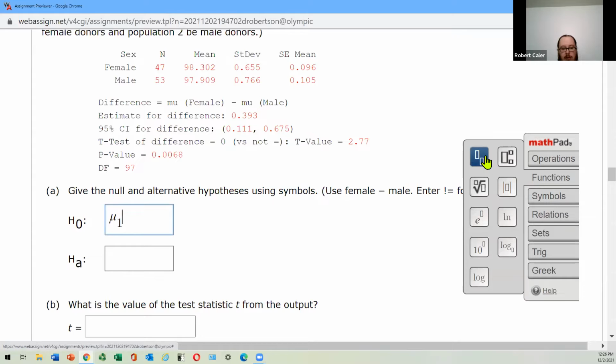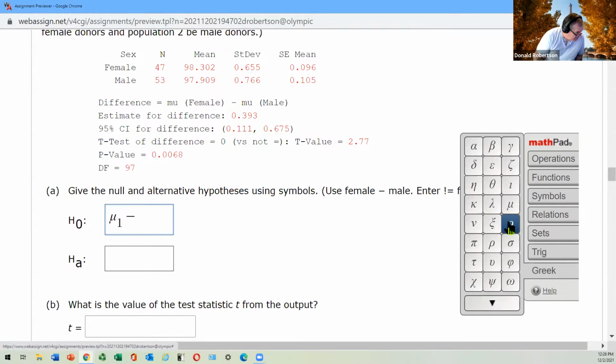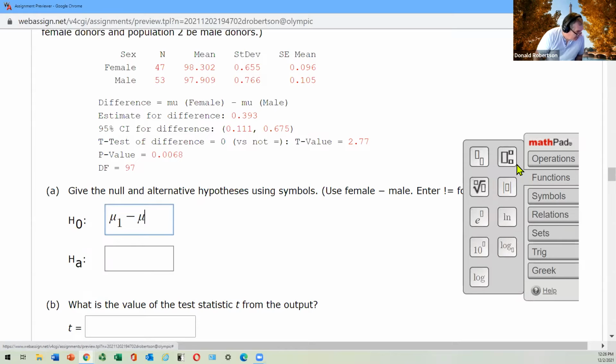Space. Move my cursor. Take away. Mu. Funny little button. 2. And it's always going to equal 0, isn't it? I don't even need to read the story to know that's the null. Isn't the null always that when it's a difference in 2?